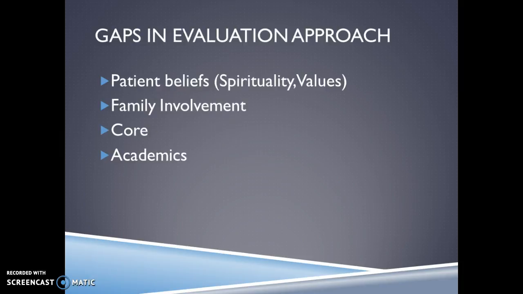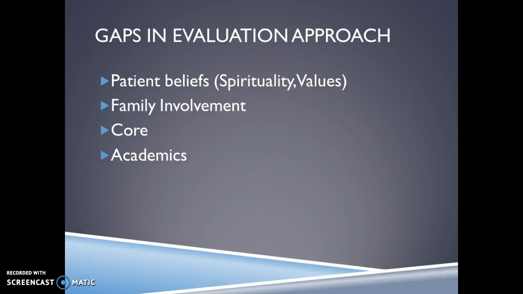However, there are some gaps to my current evaluation. Oftentimes, I believe that I'm being all-encompassing in my evaluation, but I know that there are several areas in which I can grow. The first being making sure that the patient knows that they can express their beliefs in terms of spirituality, other values, their cultural background, and what's important to them.